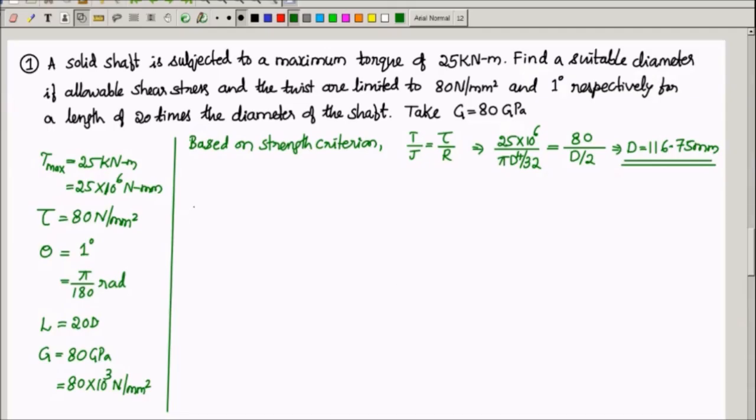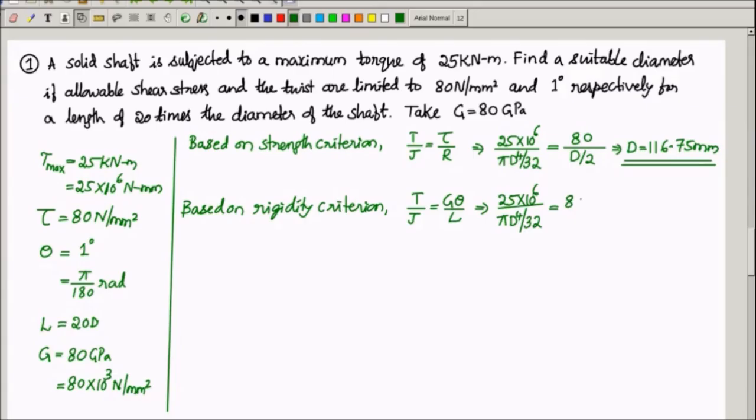Let us use rigidity criterion now. Based on this, we know that T by J is equal to G theta by L. Again, we will substitute all the values. T is 25 into 10 power 6 divided by J is pi d to the power 4 by 32 is equal to G is 80 into 10 power 3 into theta in radians, pi divided by 180 divided by L. L is given in terms of d, so we'll substitute 20 into d here.